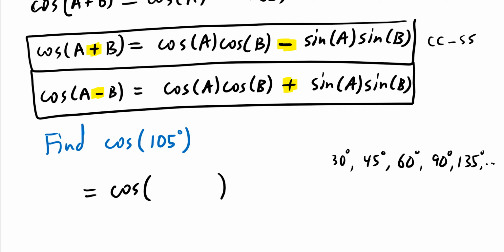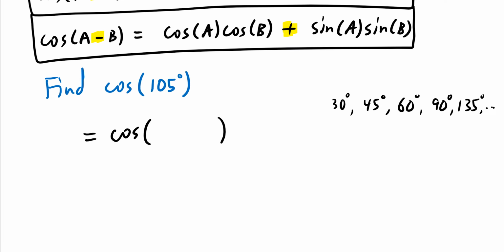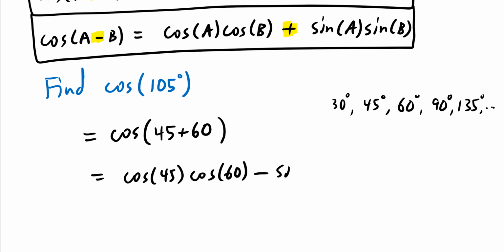The acute angles are 30, 45, 60, the ones we use the most in the first quadrant. In this case, 45 and 60 will do it. The formula says cosine cosine, switch them into sine sine.